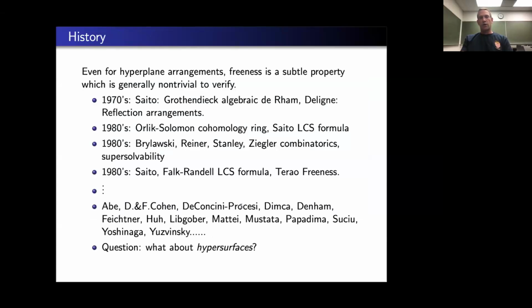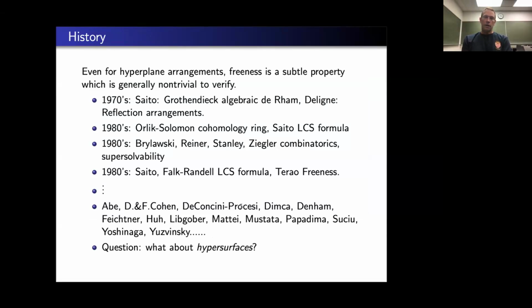So here's our history. The first results on hyperplane arrangements were Sato, who proved this Grothendieck algebraic theorem, which relates, if you have a divisor in a variety and want to know the cohomology of the complement of that, this is a result of Grothendieck, which is basically if the divisor has normal crossings, there's a very nice recipe for it.